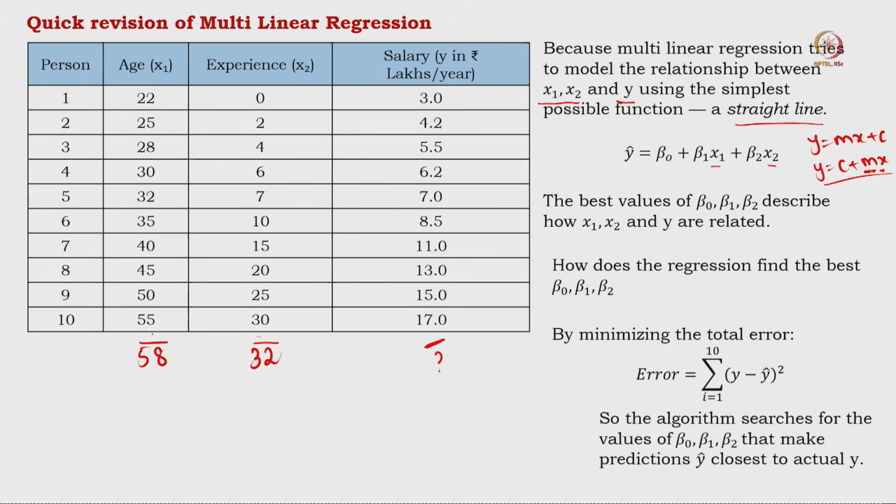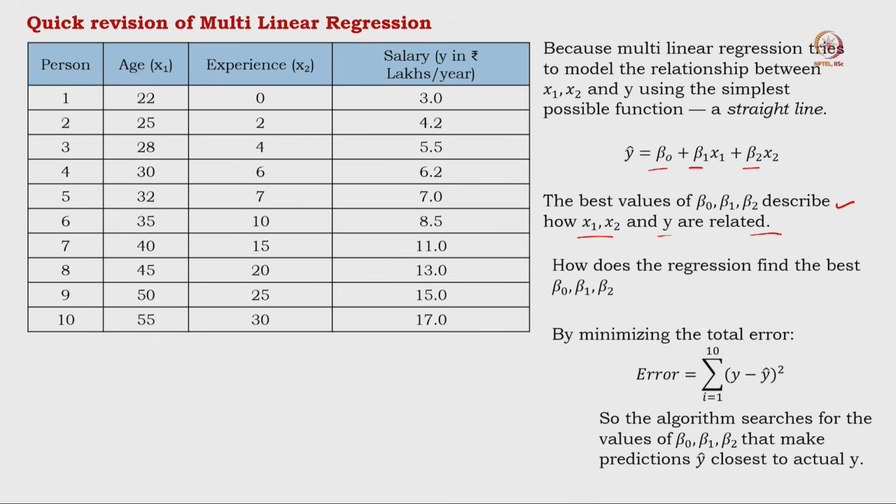Instead of the m coefficient, we define the coefficients as beta 1 and beta 2, and the c term as beta 0. Now we have to calculate: if we can find the best values of beta naught, beta 1 and beta 2, then we can describe how x1, x2 and y are related.